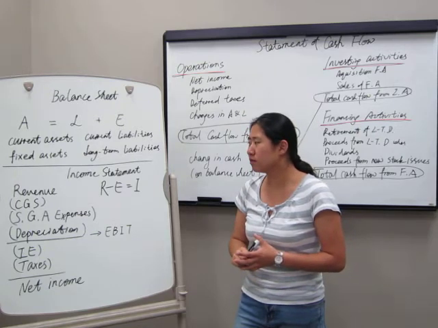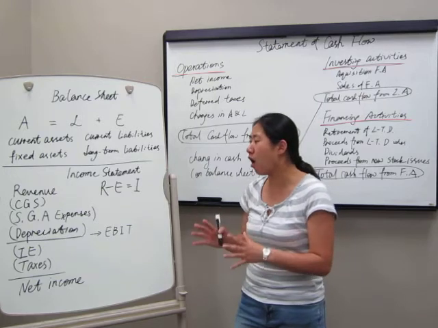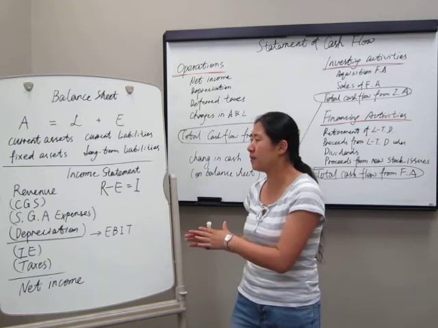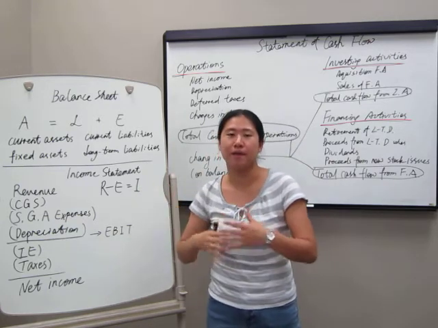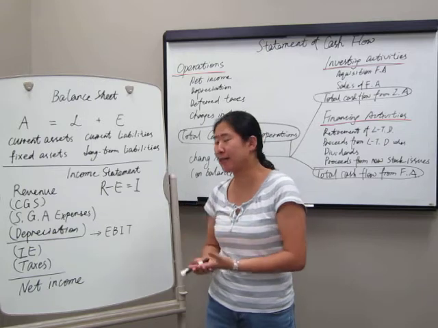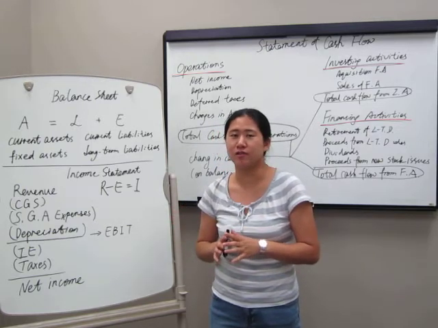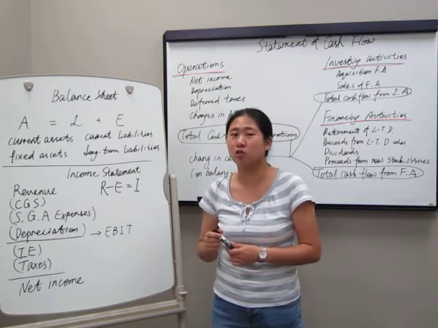Because the generally accepted accounting principles require that all the expenses should be recorded on the income statement at the same time as the revenue was generated. So even though some expenses have not actually happened, it's not an actual cash outflow, it should also be recorded.